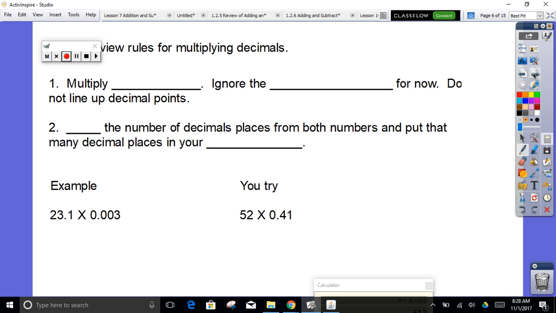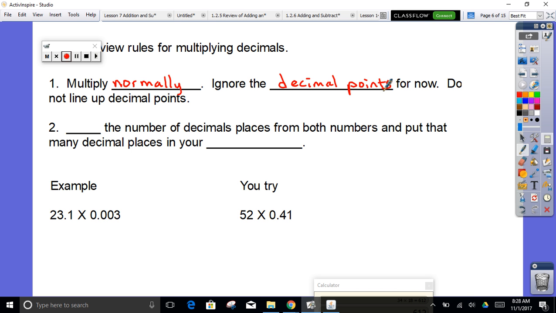To review the rules, you're going to multiply normally, and what I mean by that is you're just going to ignore the decimal points when you multiply. You do not need to line up your decimal points. When you add and subtract decimals, you have to make sure that your decimals line up so that you're subtracting the right place value from the right place value.